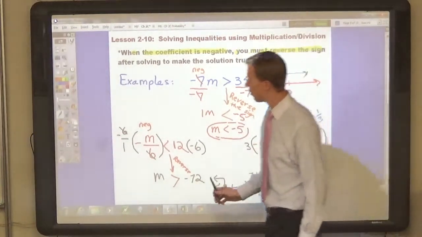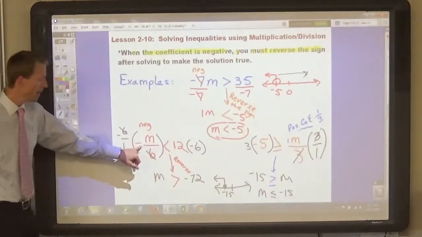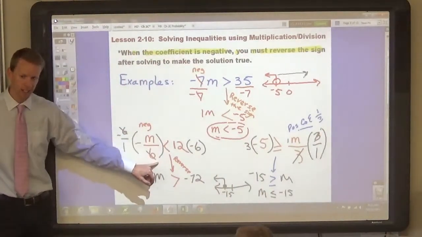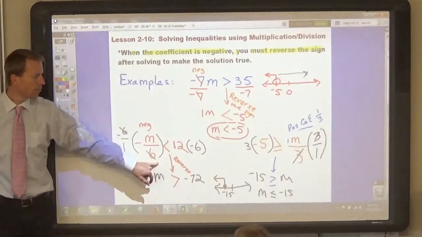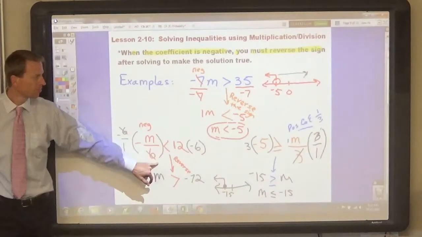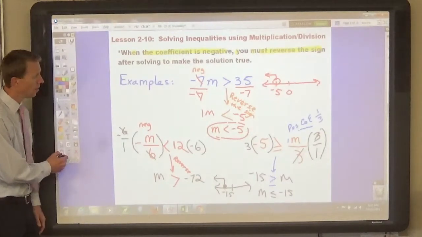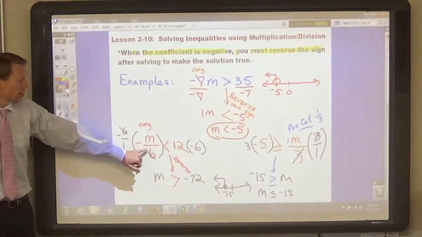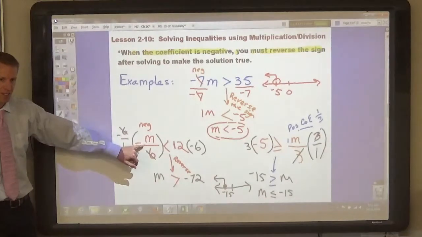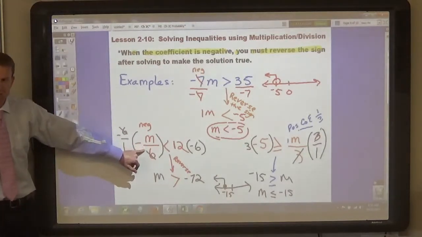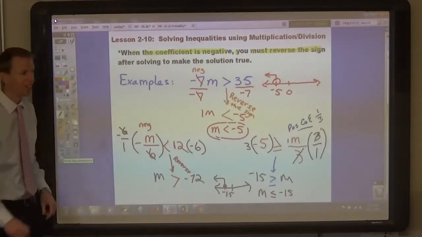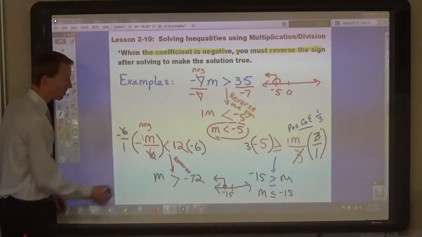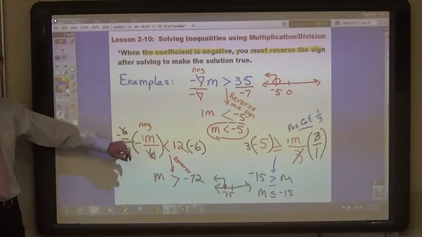Here's another negative coefficient. Negative m over 6. What is the coefficient? What is the number in front of the variable in this case? Negative 1 over 6.